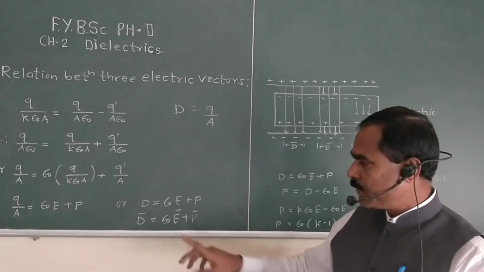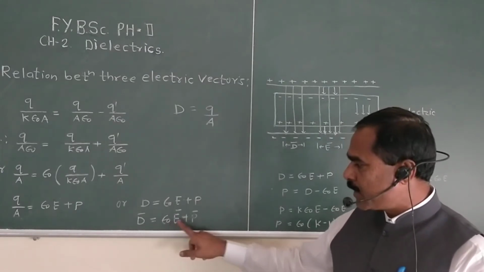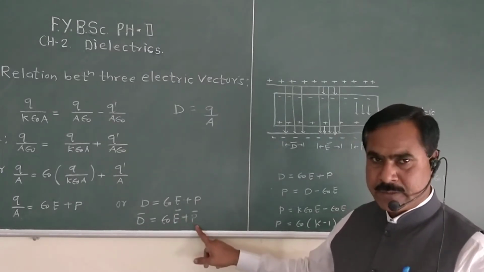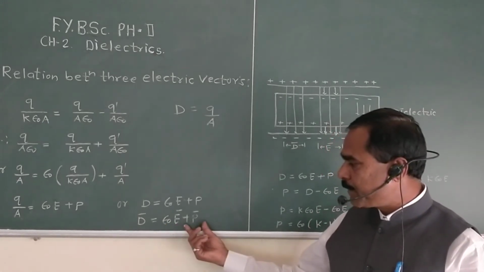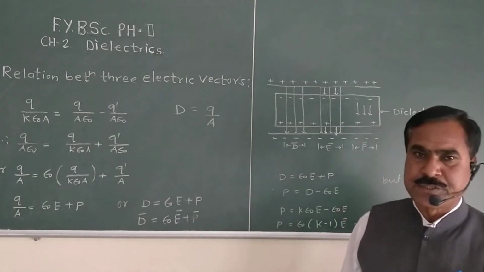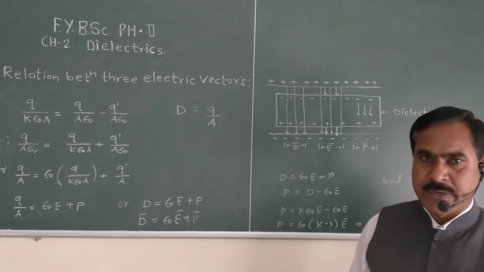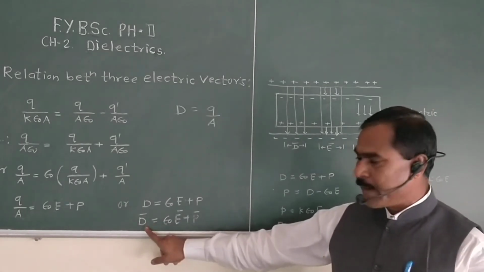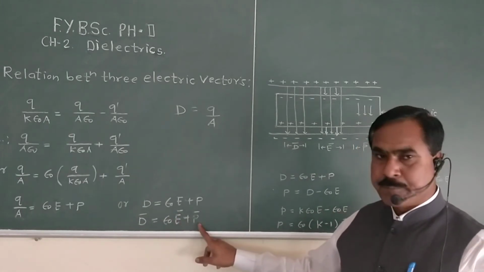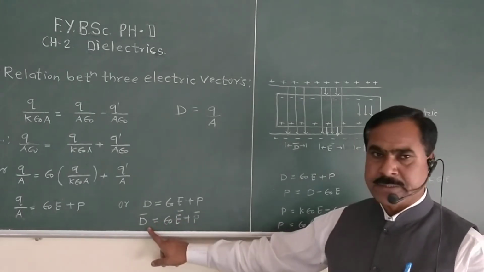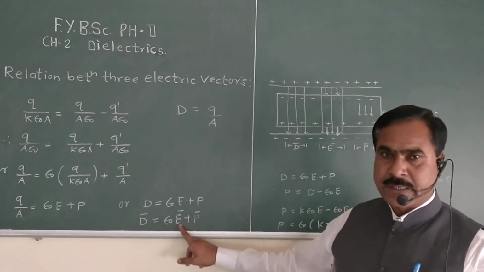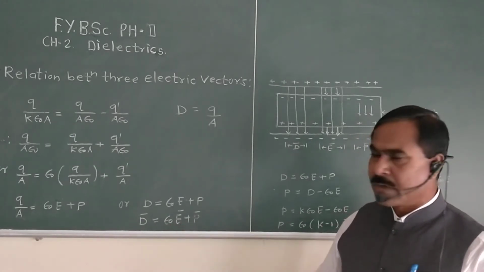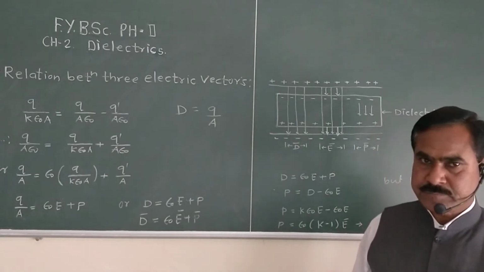In vector form we write D bar equal to epsilon E bar plus P bar. This equation gives the relation between three electric vectors, D bar, E bar and P bar. D bar is called the electric displacement vector, E bar the electric intensity, and P bar the polarization.